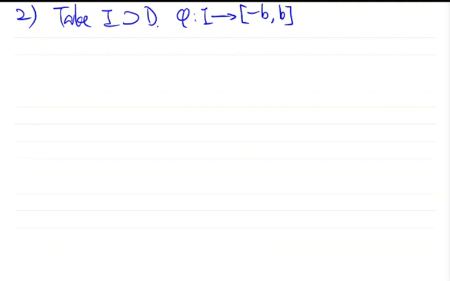So if P is a partition of our rectangle I, what will happen?